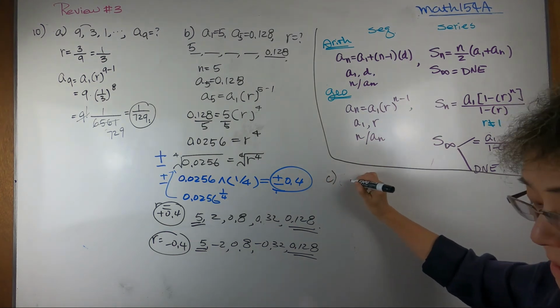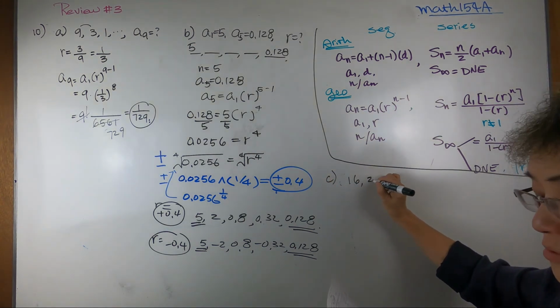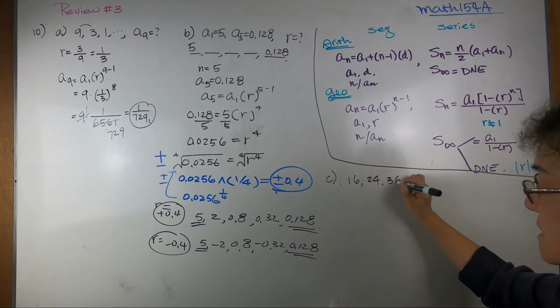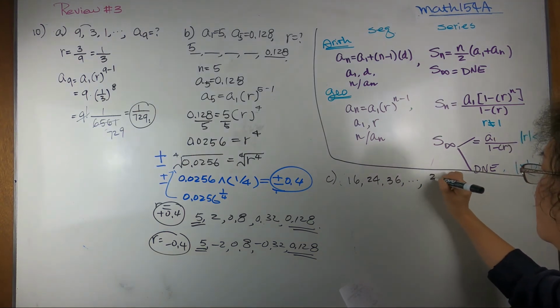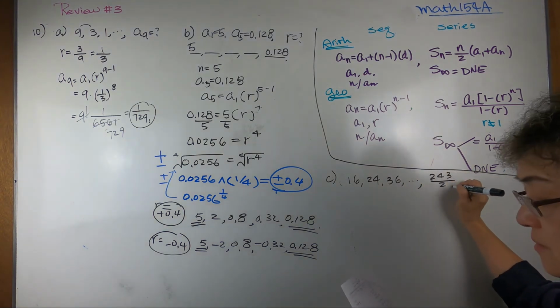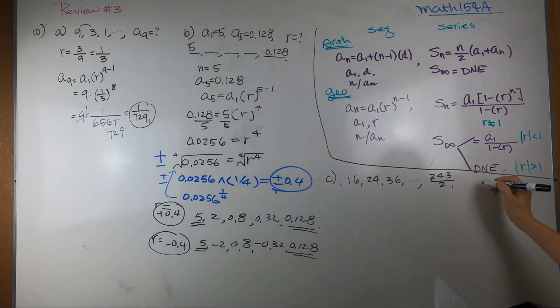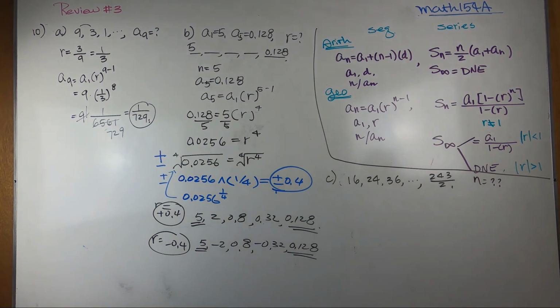So if we have 16, 24, 36, 2 4 3 over 2, we have so many terms, and we ask how many. How are you going to find that? Okay, so first you check if it is a geometric sequence.